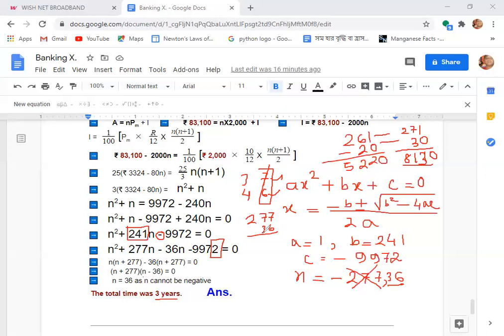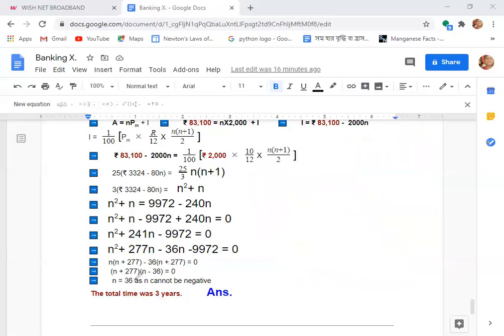So these are the few ways by which you can do it, or you can go with Sridharacharya's formula. You get the value of n as 277 in the minus and 36 as plus. But since n cannot be negative, the value of n is 36 months, and 36 months will be how much? 36 by 12, that is 3 years.